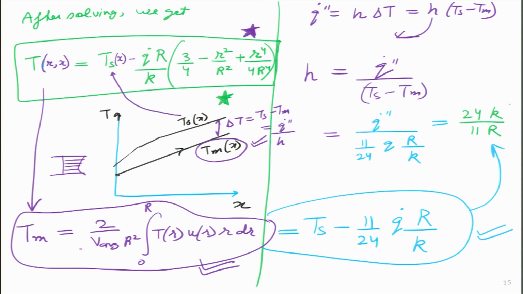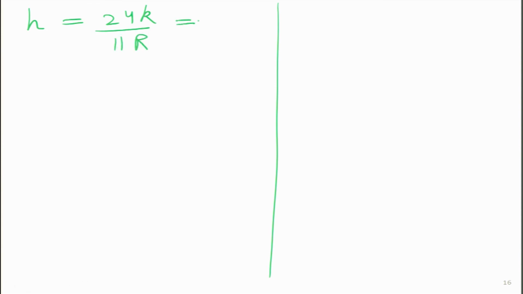This is the value of H, which means we have figured out H also, and so beautiful it has come. H is simply a number. H equals 24K divided by 11R. Can I also write it in terms of D? I just multiply 2 and 2 on the top and bottom, I get this thing. And why am I more interested in D, 48K by 11D?